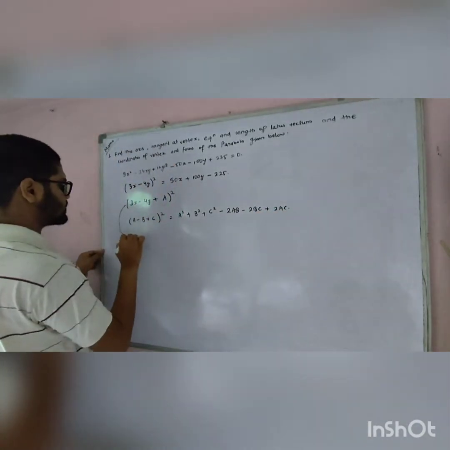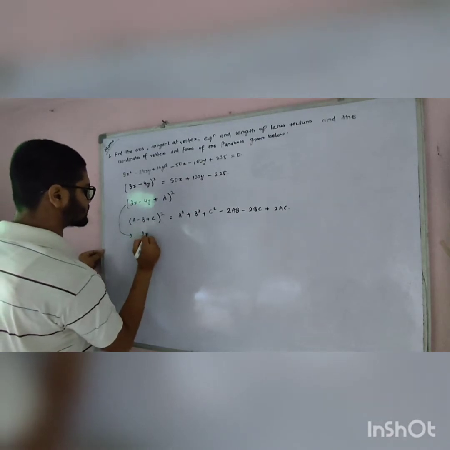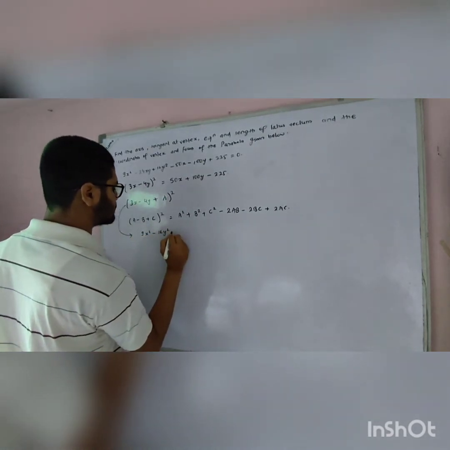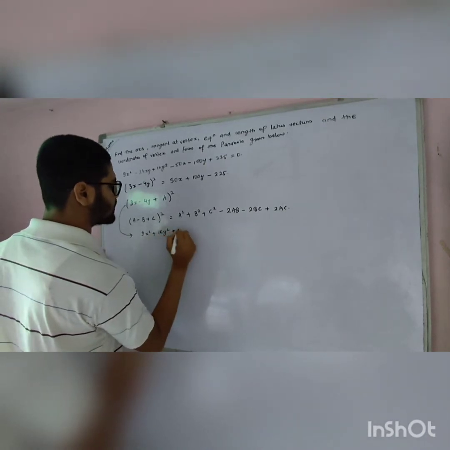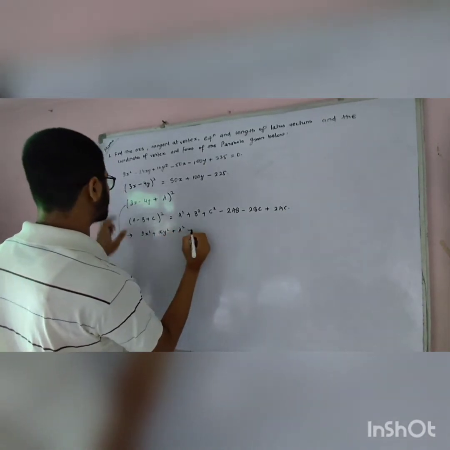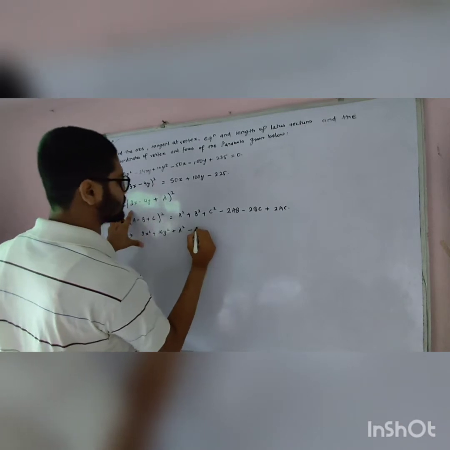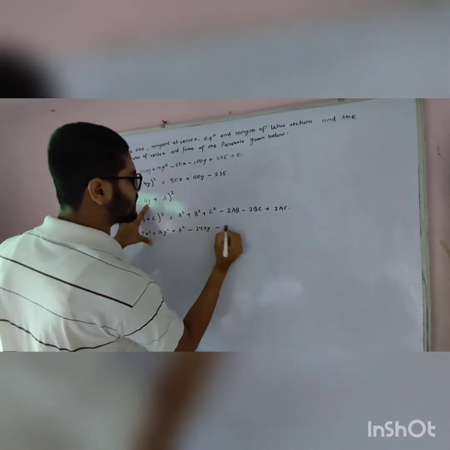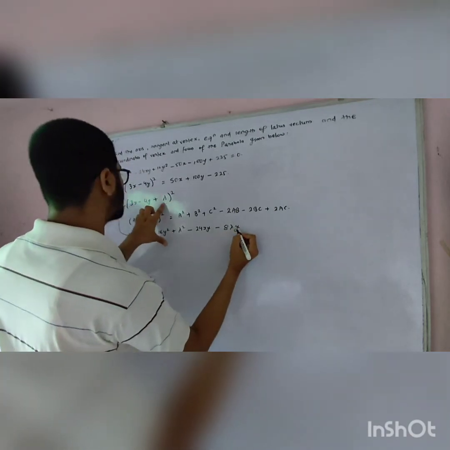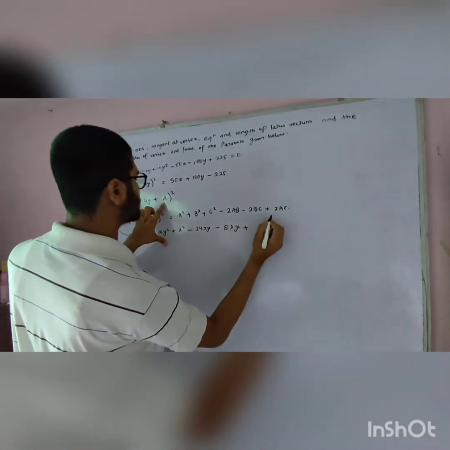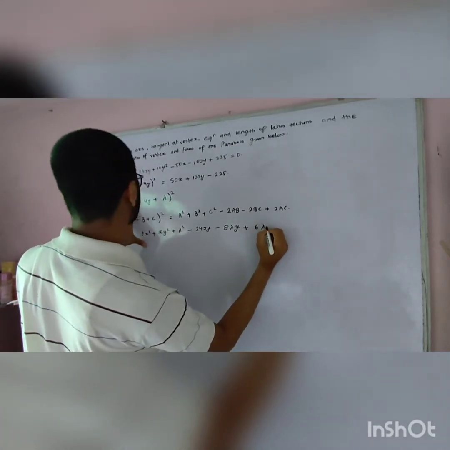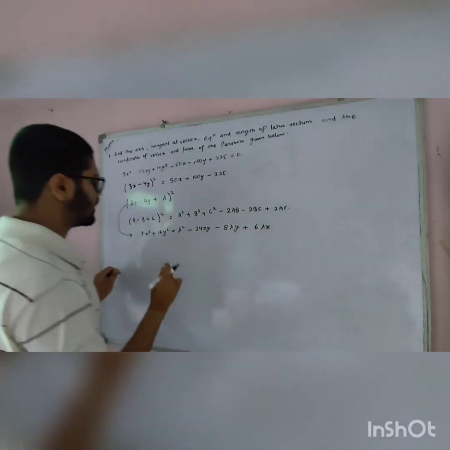Now if we expand this we will get 9x^2 - 16y^2, plus lambda^2, minus 24xy, minus 8 lambda y, then plus 6 lambda x.